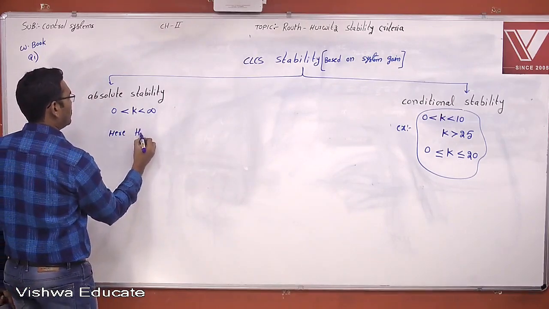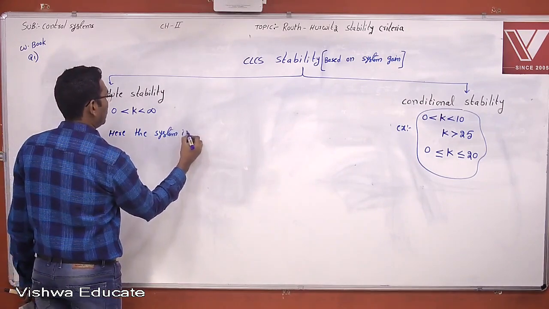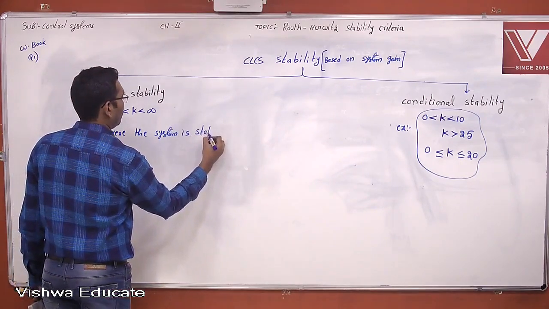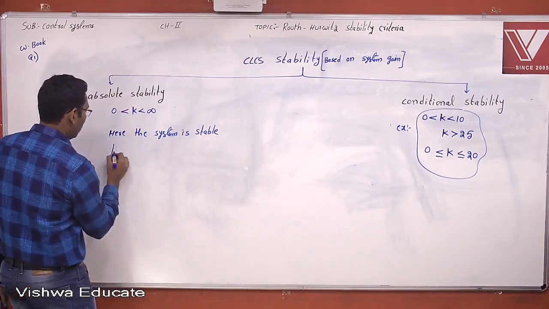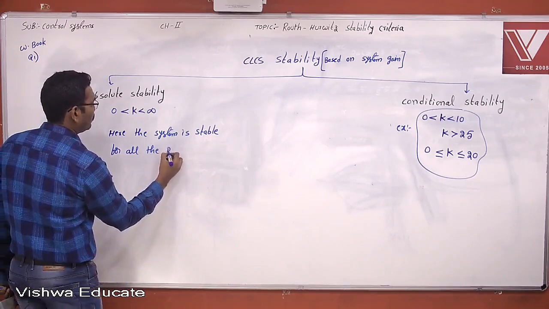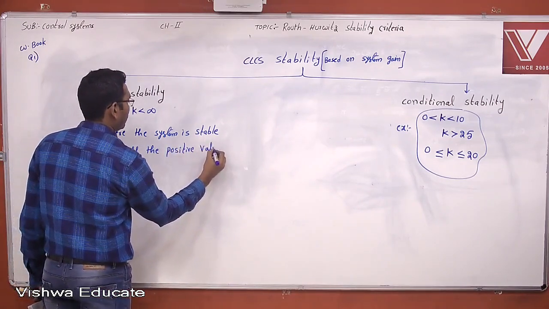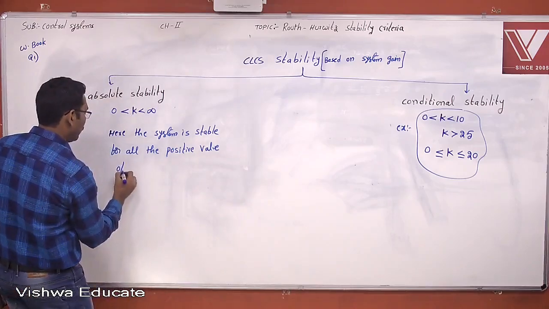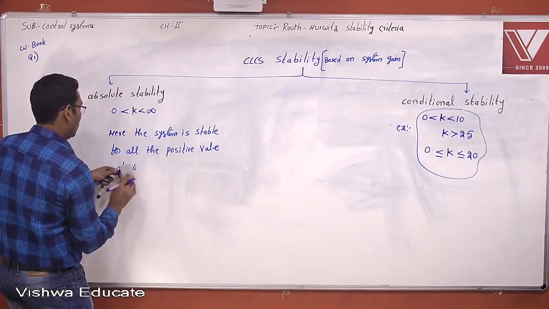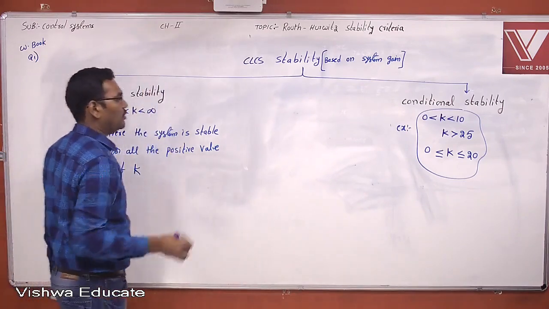Here the system is stable for all the positive values of k, then that particular stability is called absolute stability.